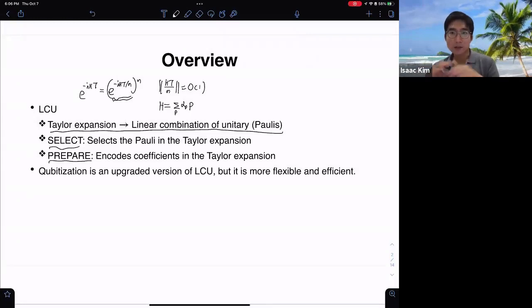But with qubitization, which I haven't told you about yet, it's not entirely obvious what you would do if you have a time dependent Hamiltonian. So there are some pros and cons, but in most cases the Hamiltonian is time independent, and in that case qubitization outperforms LCU in many different ways.